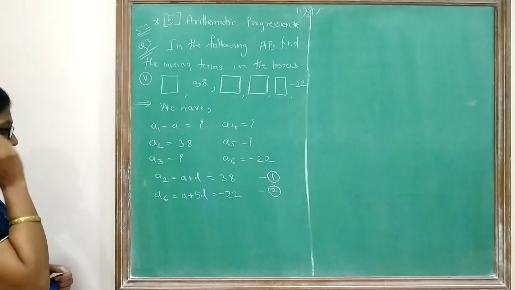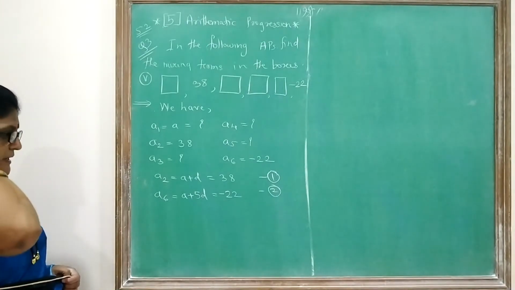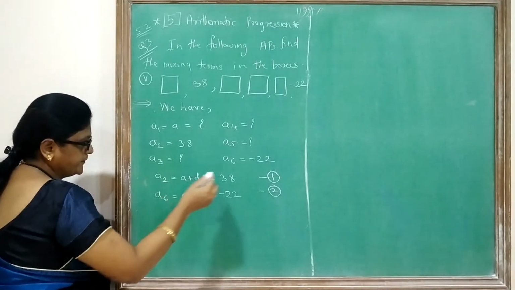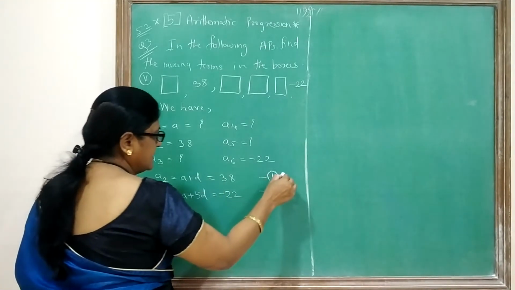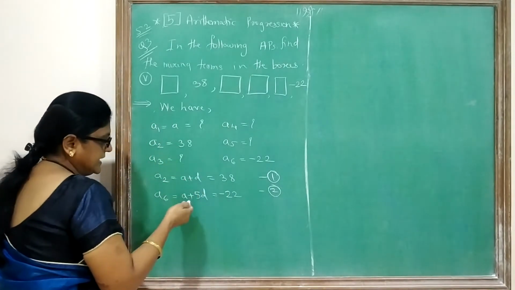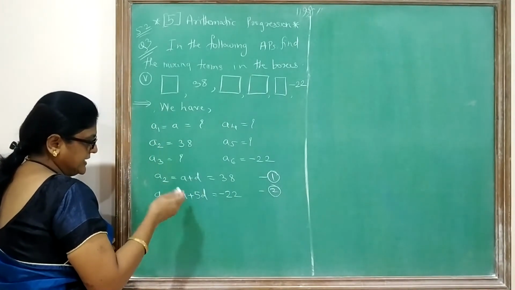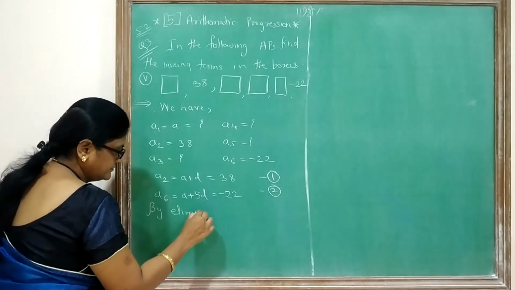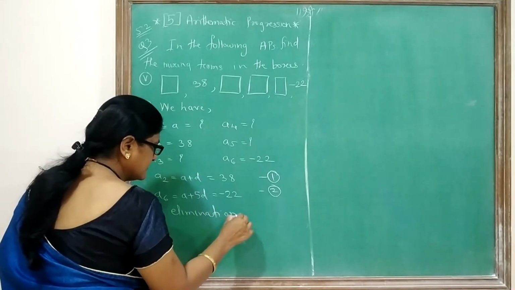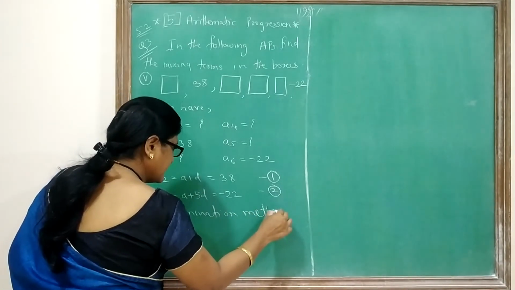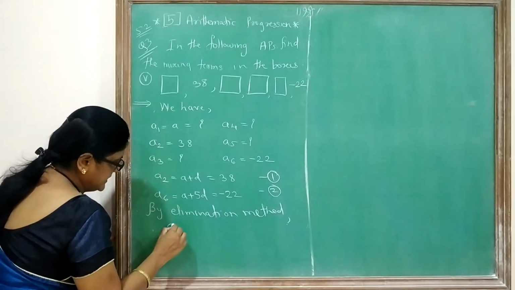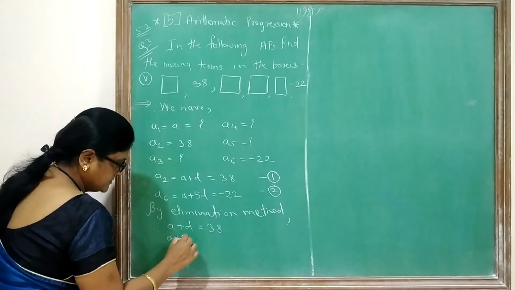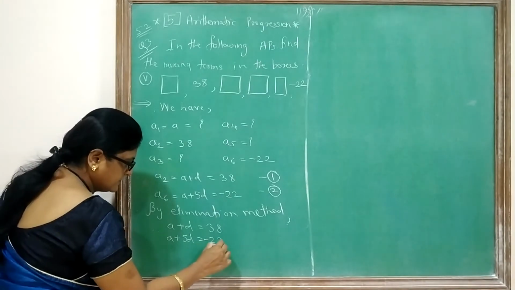And you will use the elimination method here. Here A is the same, so you will directly cancel. Therefore, A plus D equals 38 and A plus 5D equals minus 22.